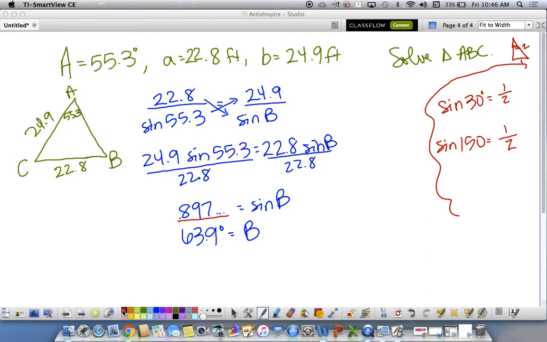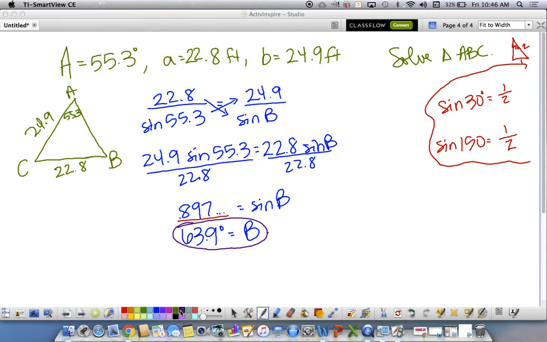So we have to check to see, will it make a second triangle? So I'm going to close up my thought bubble right there. And I'm going to go to the side. And I'm going to take this answer that we got for B, and I'm going to find its supplementary angle.